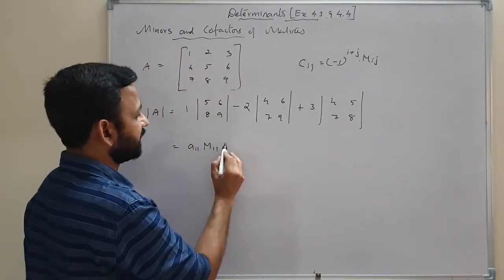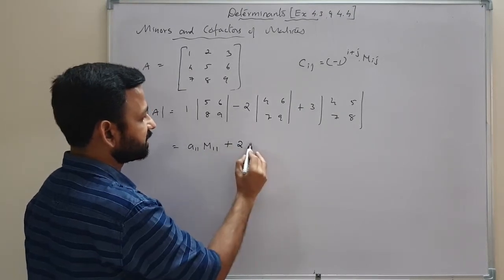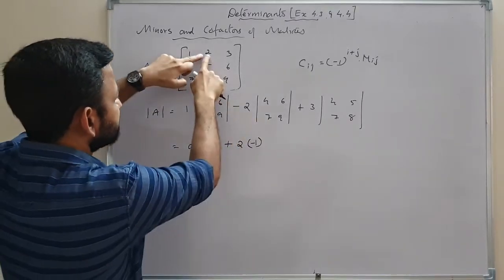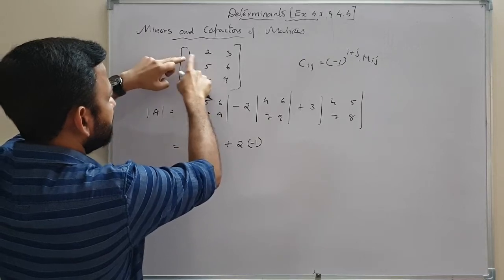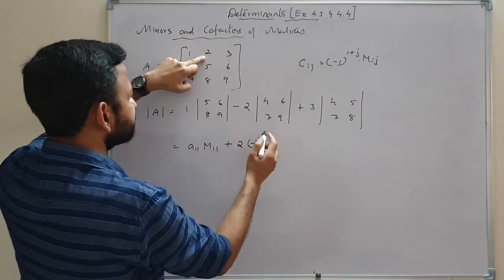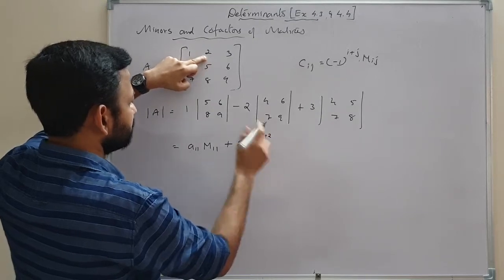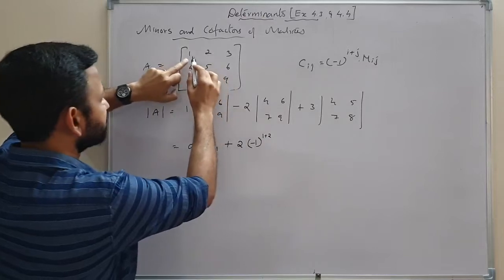And here the minus sign, so you write plus 2 into. This minus we can write like this: minus 1 raised to, this is the second element from the first row, 1 plus 2.